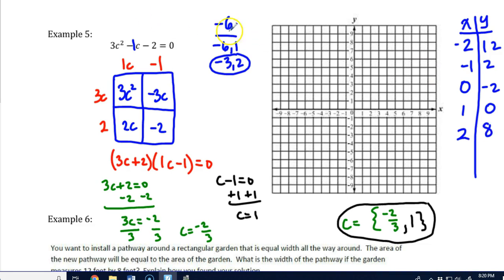Let's see if our answers make any sense. 1 is a 0. Cool. That's great. -2/3 did not show up here, but kind of makes sense that it might, right? Somewhere between -1 and 0, the y values go between 2 and -2, so they have to go to 0 at some point. So it kind of makes sense that it might fit in there a point. Please plot these points. Play the recording when you're ready.